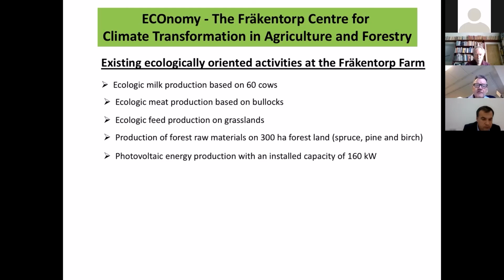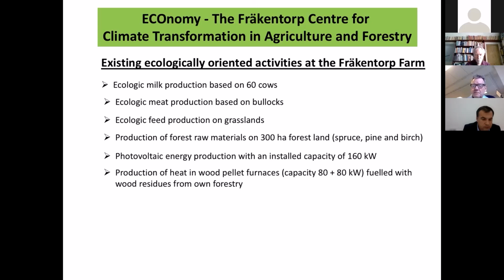There is photovoltaic energy production with an installed capacity in 2 plants of 160 kilowatts, which means that they can run 2 totally electric cars, and it works very nicely, with a range of about 450 kilometers each. And from March up to October, the cars are totally self-supported, and so are all the other activities on the farm.